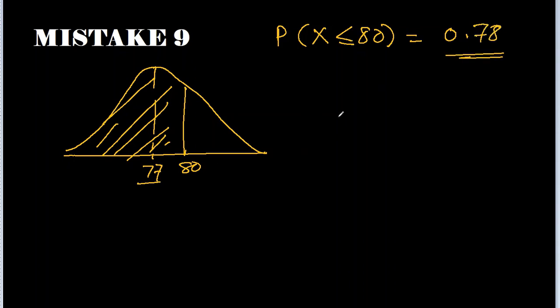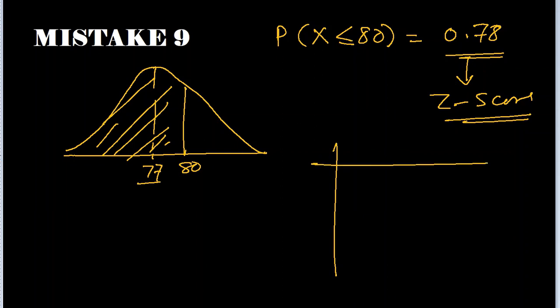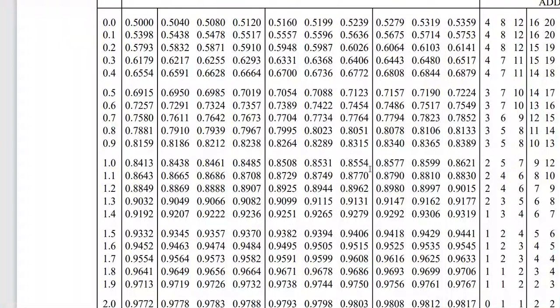So when people turn to the normal distribution table, they use this 0.78 as the z-score, because you will definitely find 0.78 in the vertical column. Let me show you the picture. You can see here very clearly that there is 0.78.